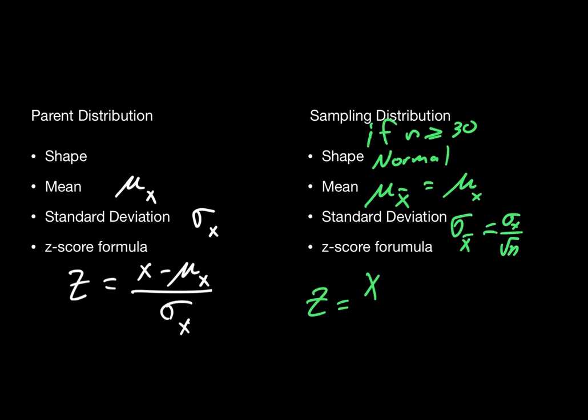So if I were to take one randomly selected average, I'm going to see how that compares to the average of the averages relative to the standard deviation of the averages, which is sigma sub x over the square root of n. Because mu sub x bar and mu sub x are the same, this is often left off as just mu sub x.